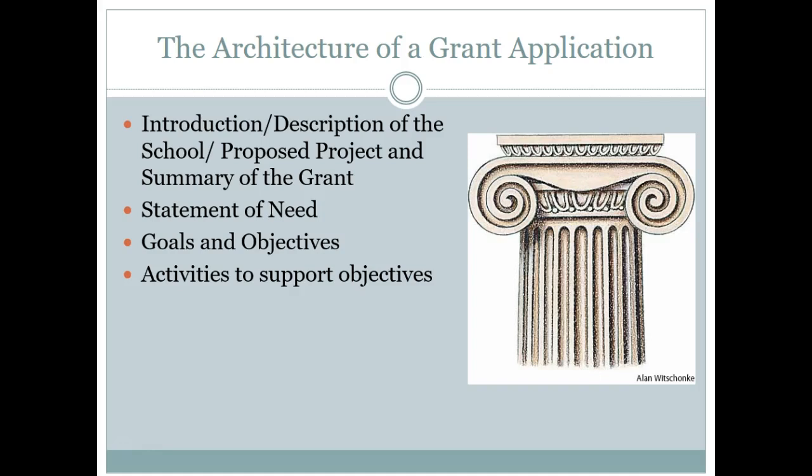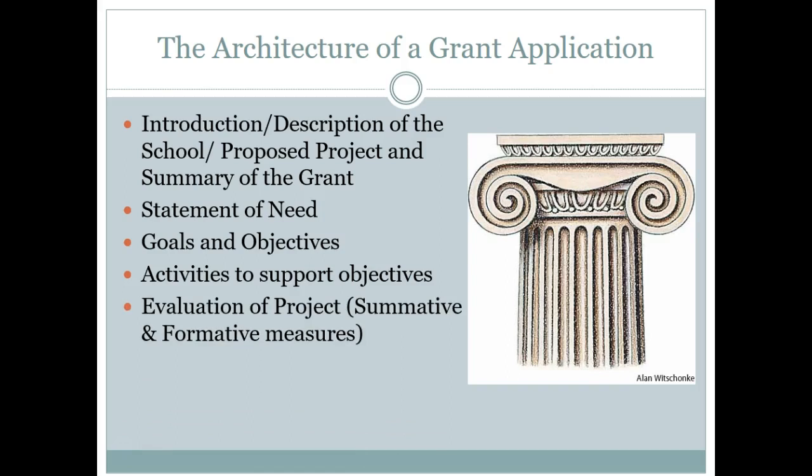The activities should be in a logical order, clearly identified by person and responsibility, and they should be listed in short phrases and usually begin with a verb. So students will read relevant literature based on science themes, participate in hands-on science experiences, record information in science journals. So basically, what is your implementation plan? What are your activities that are going to be how students actually learn and meet your objectives and goals?